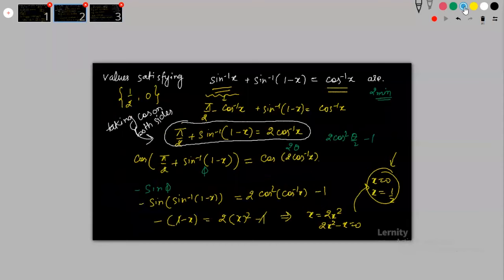So what is happening now with cos? When I'm writing cos of theta, so cos of pi by 2 plus phi, this will become minus sine phi, and phi is sine inverse of, so sine is coming with sine inverse. So simply I have got this thing outside. Understood? So this left side part is clear.